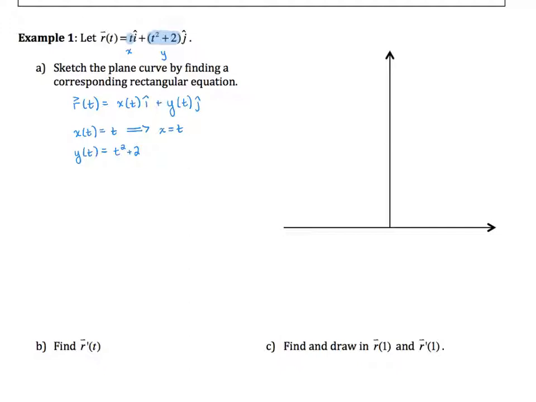Now we are able to use that relationship to explicitly get y as a function of x. If y is t squared plus 2 and t is x, then it must be the case that y equals x squared plus 2. So this was a very simple parameterization of a parabola. I've been seeing a lot of parabolas with this. So let's draw it.